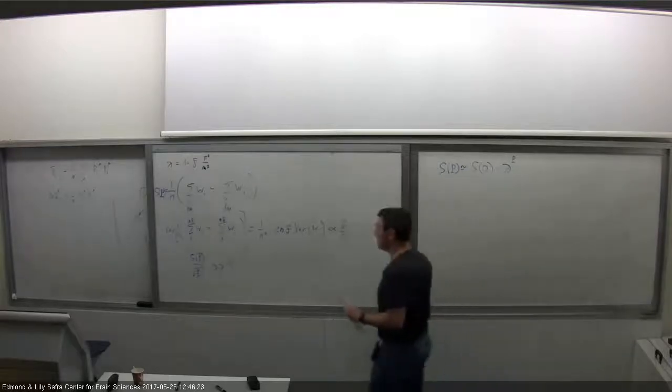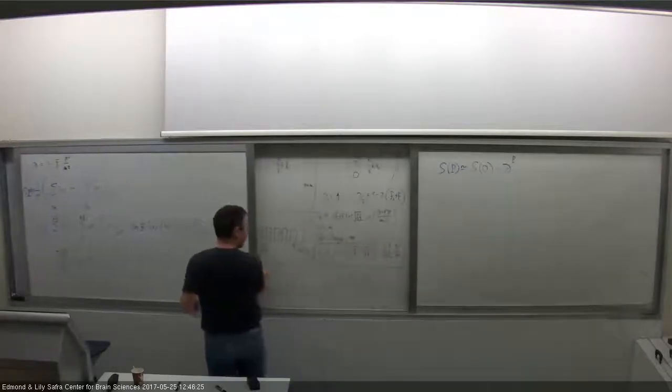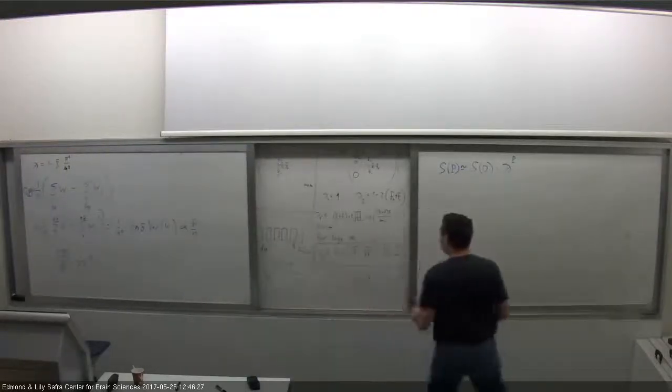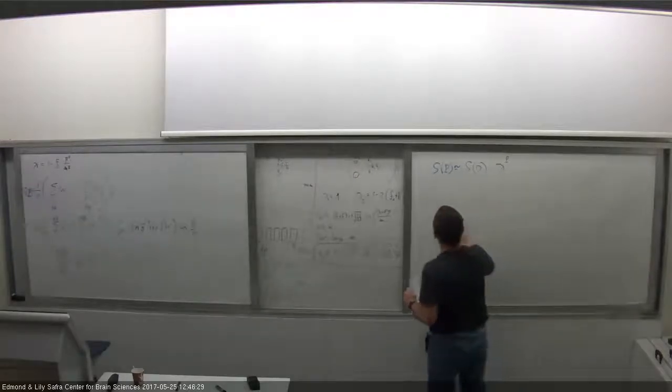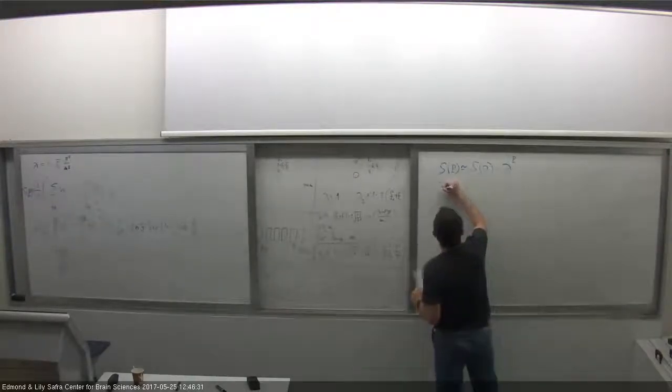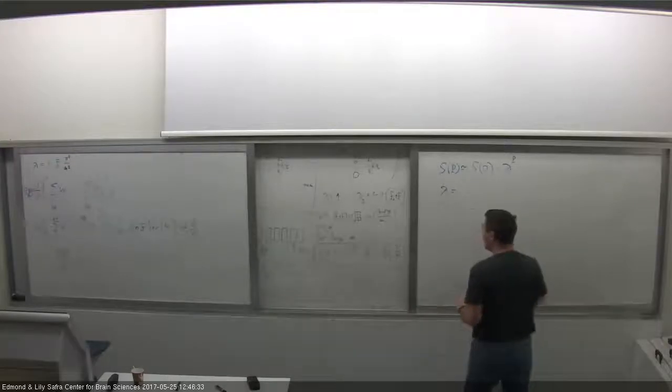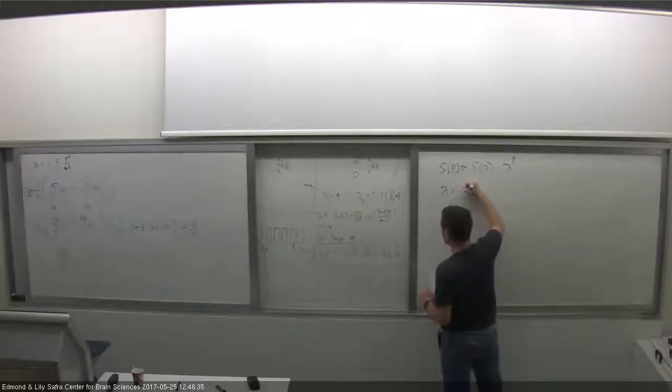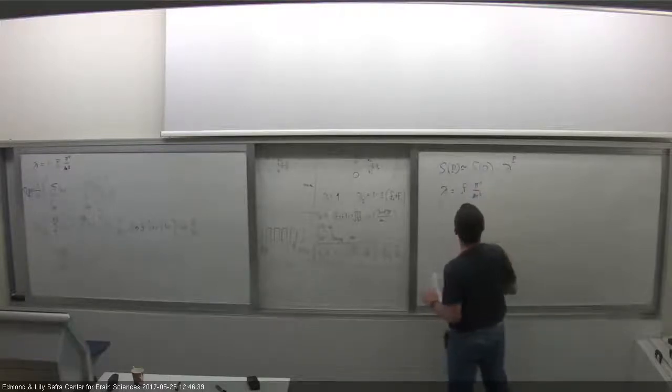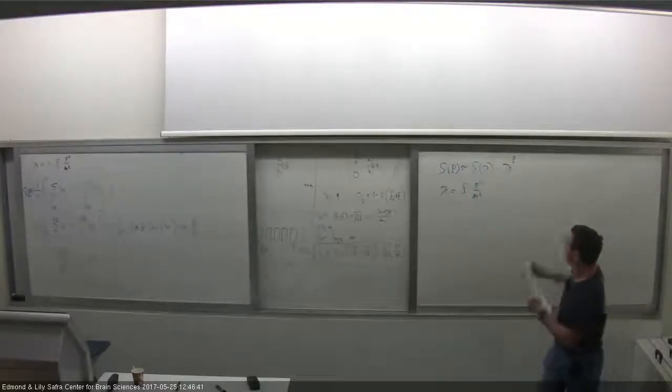Now lambda is equal to 1 minus f pi square over m square.